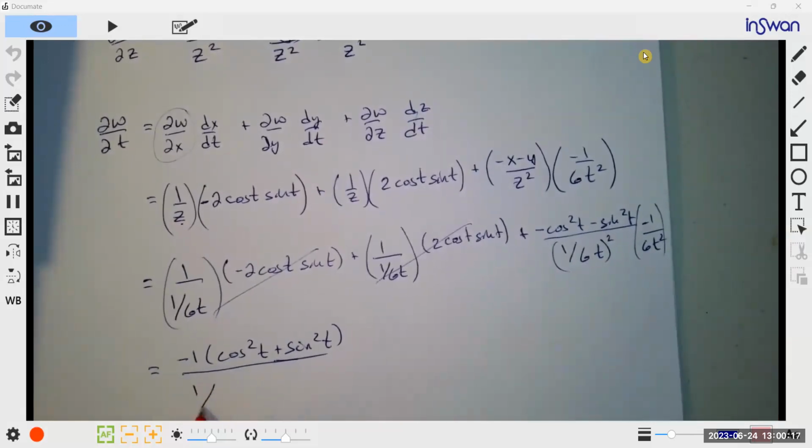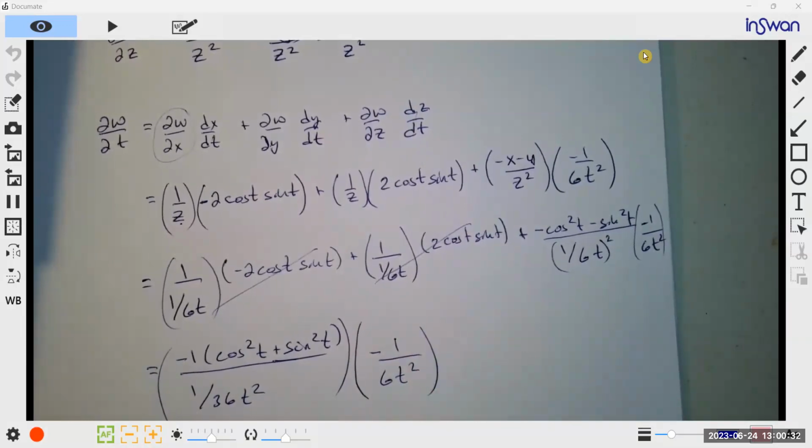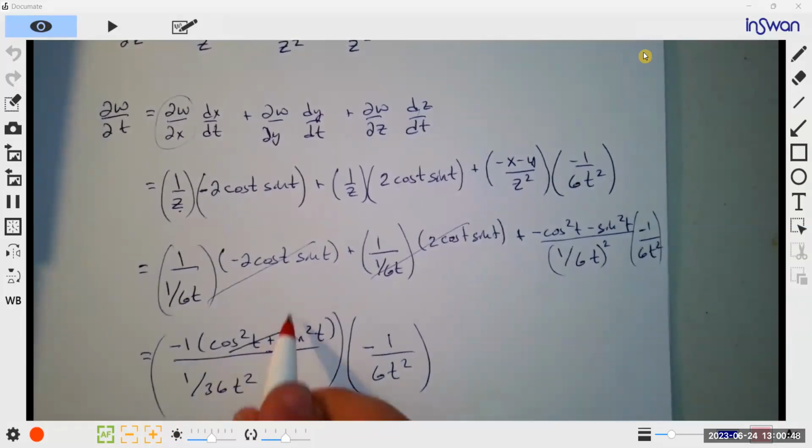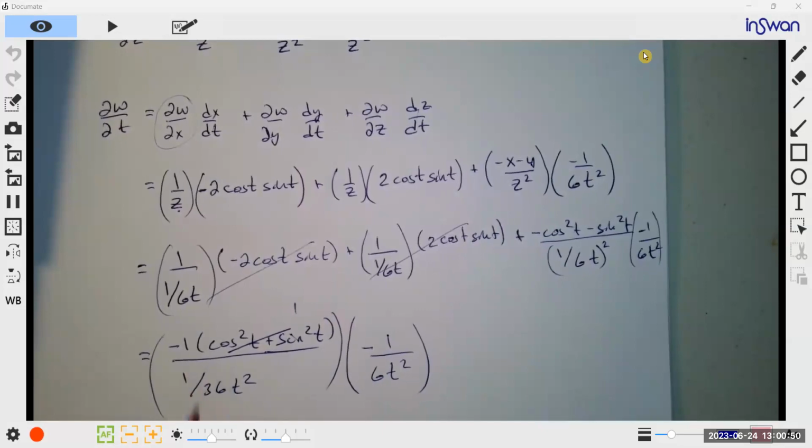And on the bottom, we have 1 over 36t squared times negative 1 over 6t squared. So that equals 1. So we have negative 1 over that.